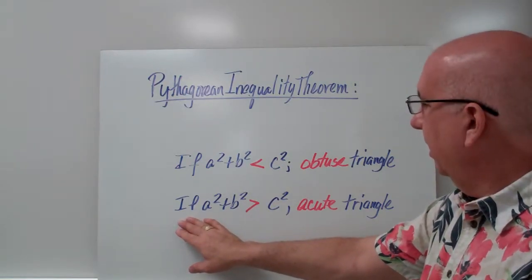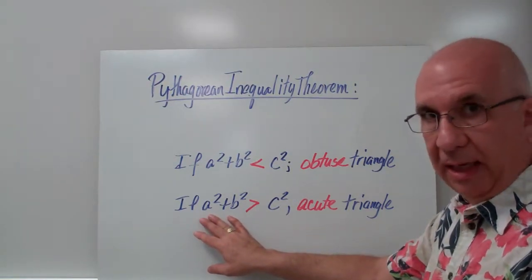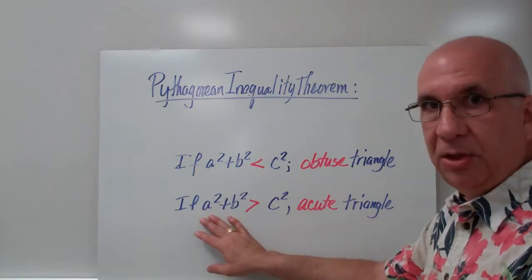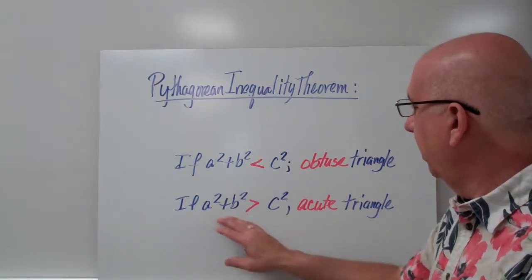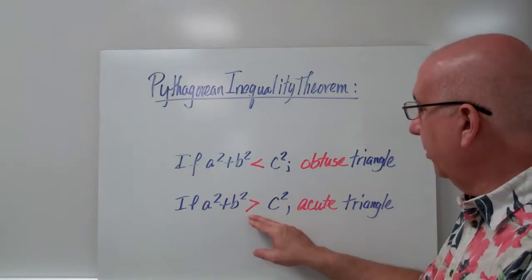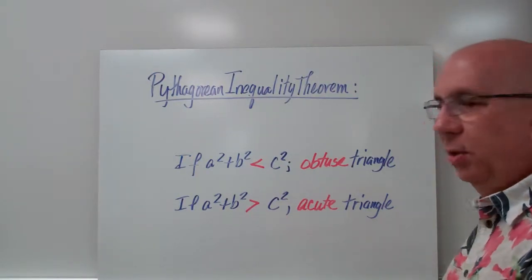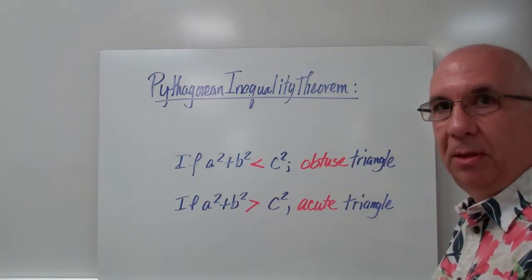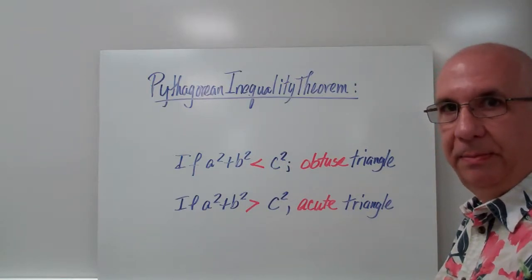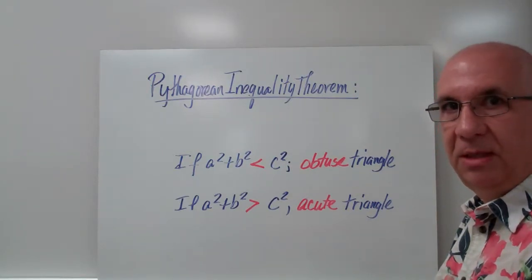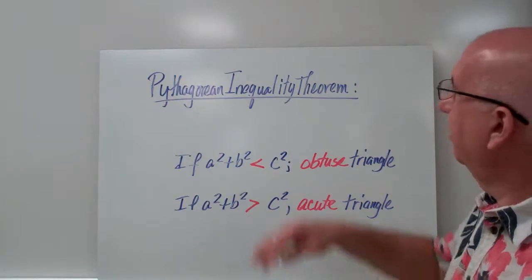Conversely, if a squared plus b squared is greater than c squared, then that will result in an acute triangle. This is helpful when you're solving problems.